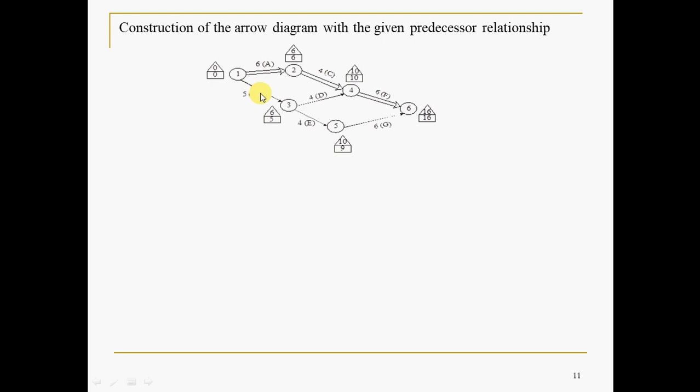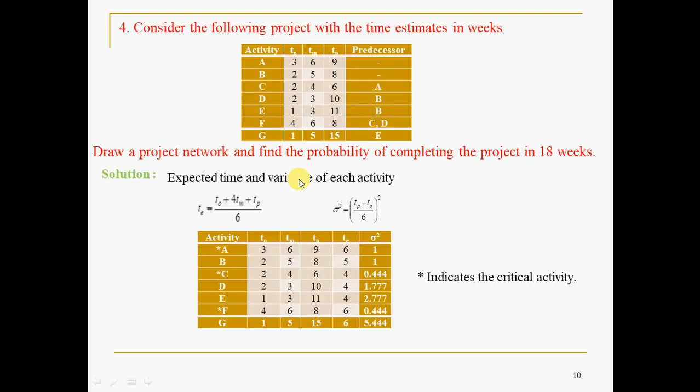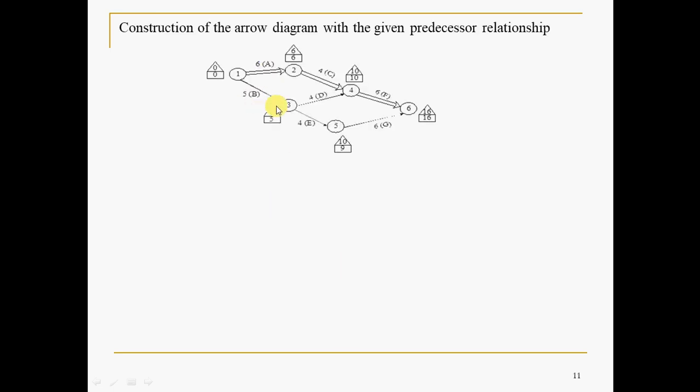Based on the data, A and B are simultaneous. Also please note that here you have to write TE. TO, TM, TP is given, and you have converted that into a single time estimate. Hence you have to write TE. Where is TE? TE is here, by using this equation, 6, 5, same thing you have represented.